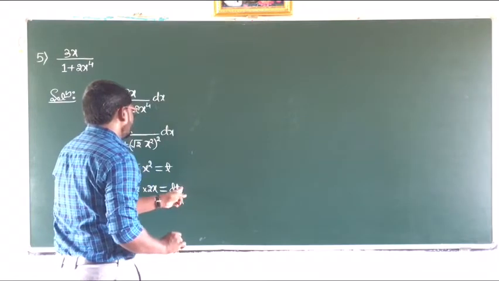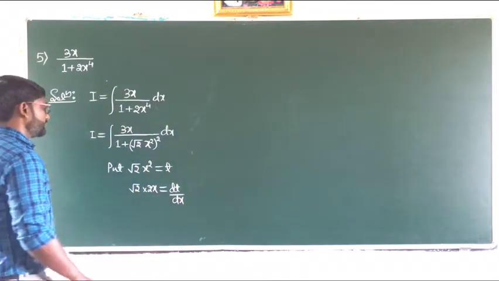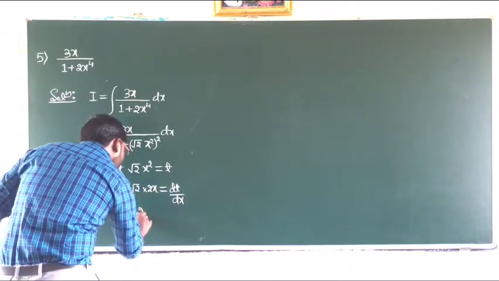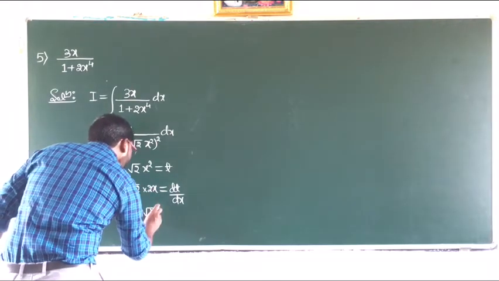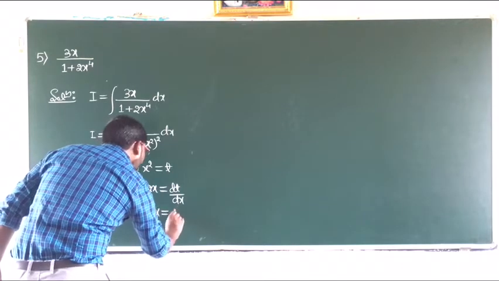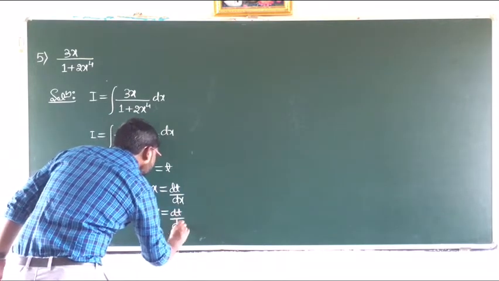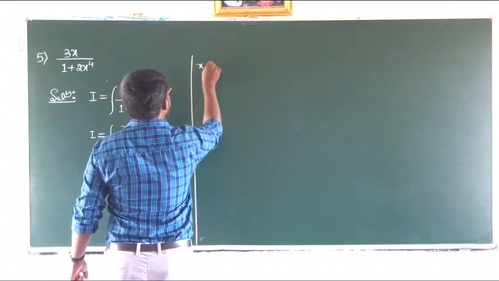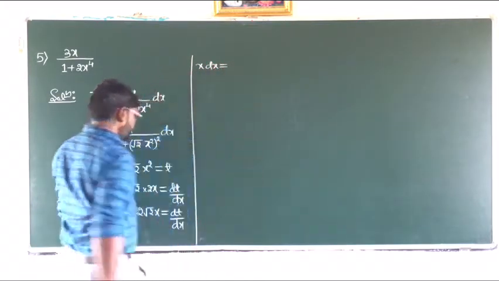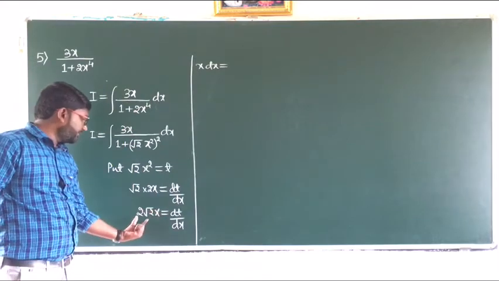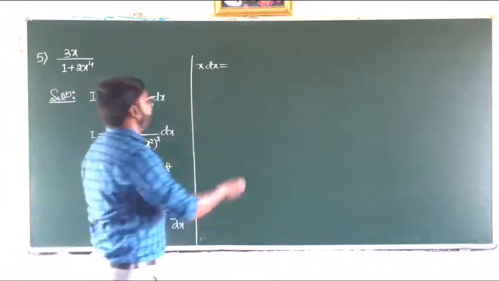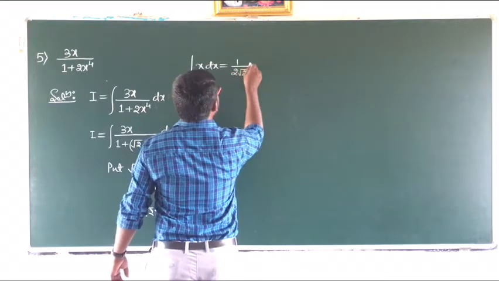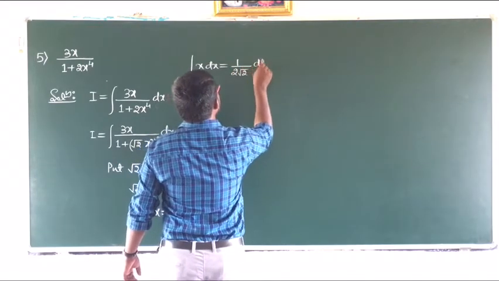Now we have to rearrange the terms. Here we need only x dx. So this can be written as 2 root 2 x equals dt by dx. In the next step, x dx is equal to, taking dx to the LHS and 2 root 2 to the RHS where it goes to the denominator, 1 by 2 times root 2 into dt.